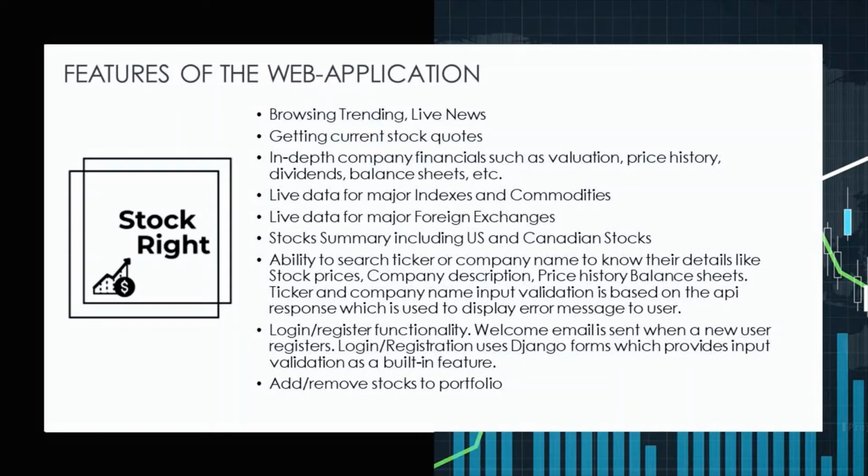So what we ended up doing is whatever data we collected from the user, we would just send it to the API, and the API responded accordingly. Essentially, if the ticker was invalid, the API response let us know that the ticker was invalid, and we use that information and relate it to the user through the use of notifications, and that's basically how we did the input validation.